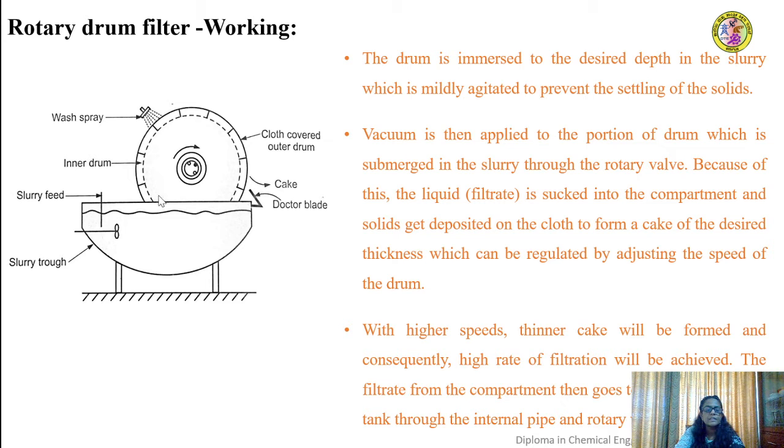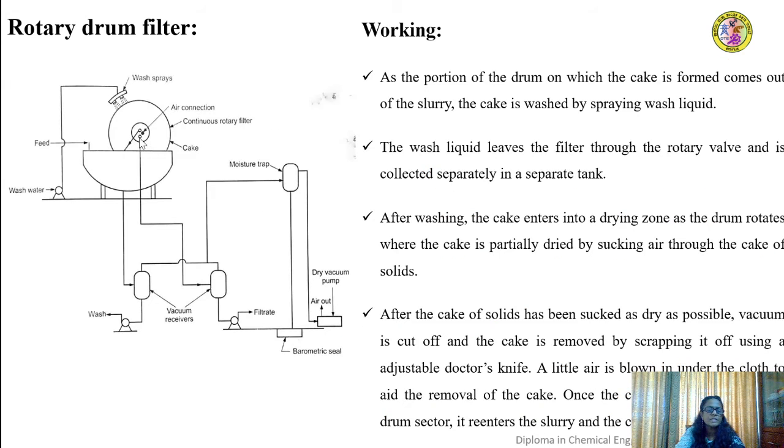The filtrate that is sucked inside the drum from each compartment then goes to a filtrate collecting tank through the internal pipe and the rotary valve. Okay, so this is how we can show the flow of filtrate. So this portion of the drum is inside the slurry.